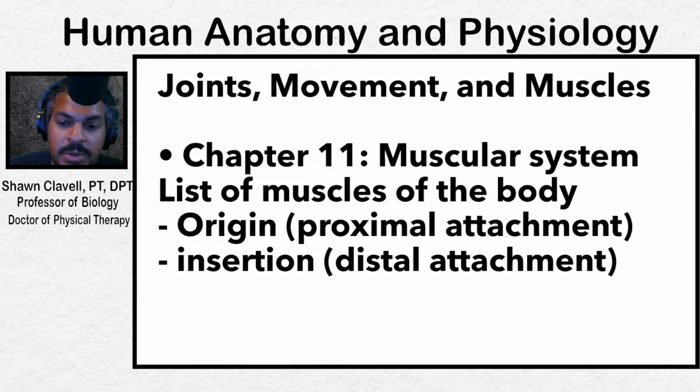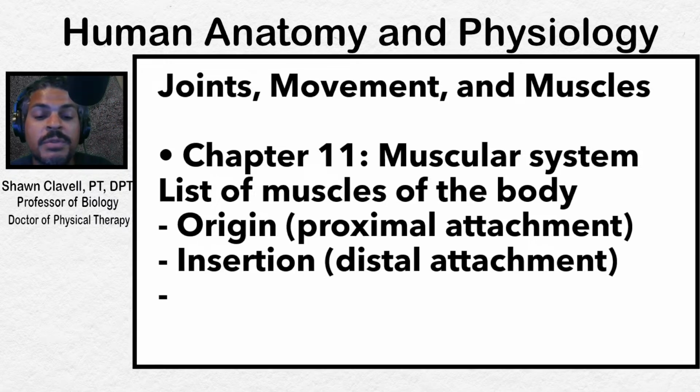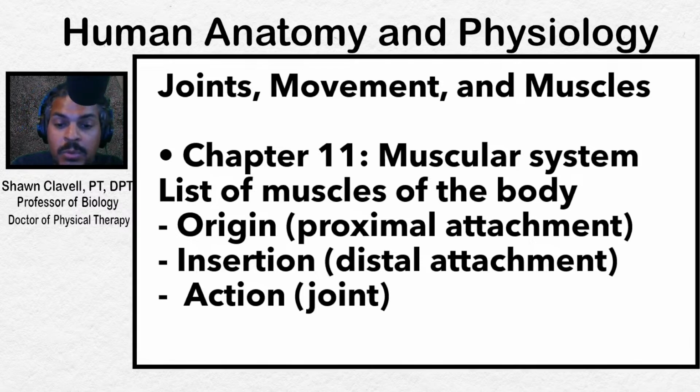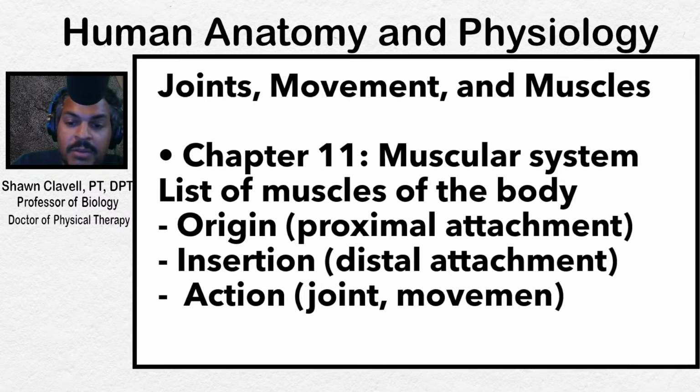As a muscle contracts, it causes movement. The origin and the insertion come closer together, and as a result, the joint moves, or the angle across that joint changes. And so there's the action. The action describes what joint, elbow, right? And then what is the movement, which is flexion, extension, or maybe even pronation or supination, which also happens at the radial ulnar joint.